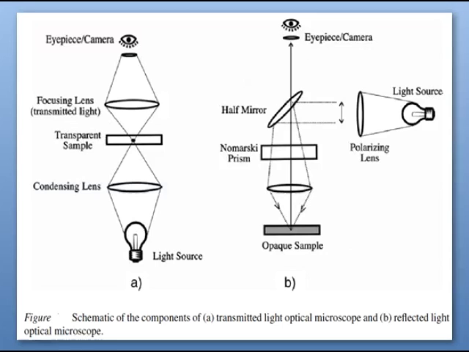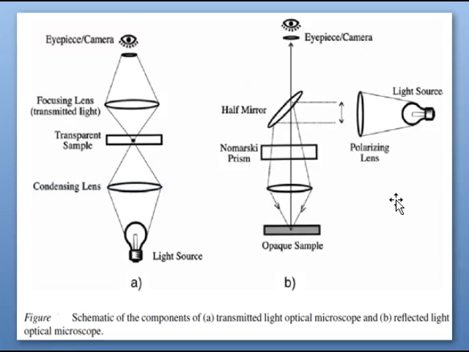The working mechanism is very simple. Light is emitted from the light source through the polarized lens, which can be seen here. A half mirror transfers the light generated from the light source towards the Nomarski prism, where the light is diverted at a particular angle towards the condensing lens, where the light is condensed and transferred to the opaque sample.